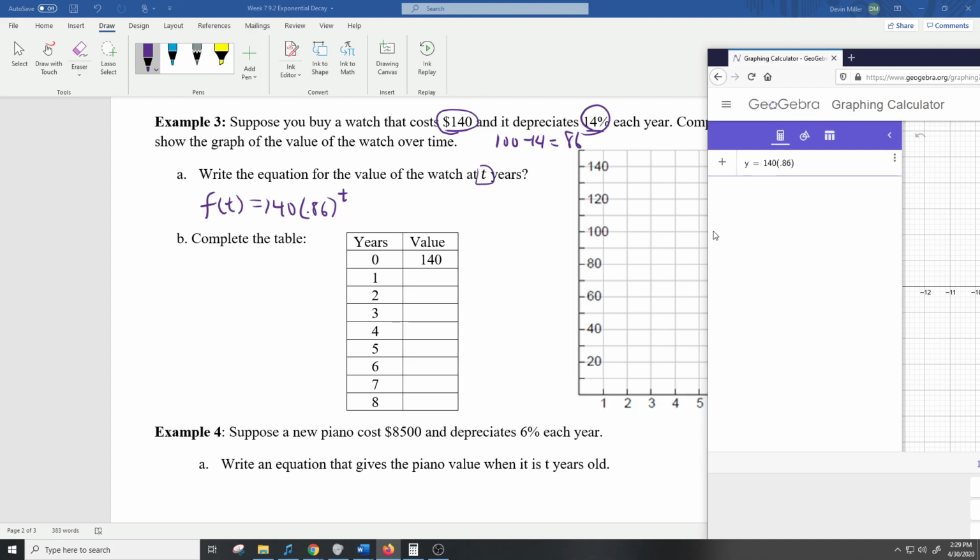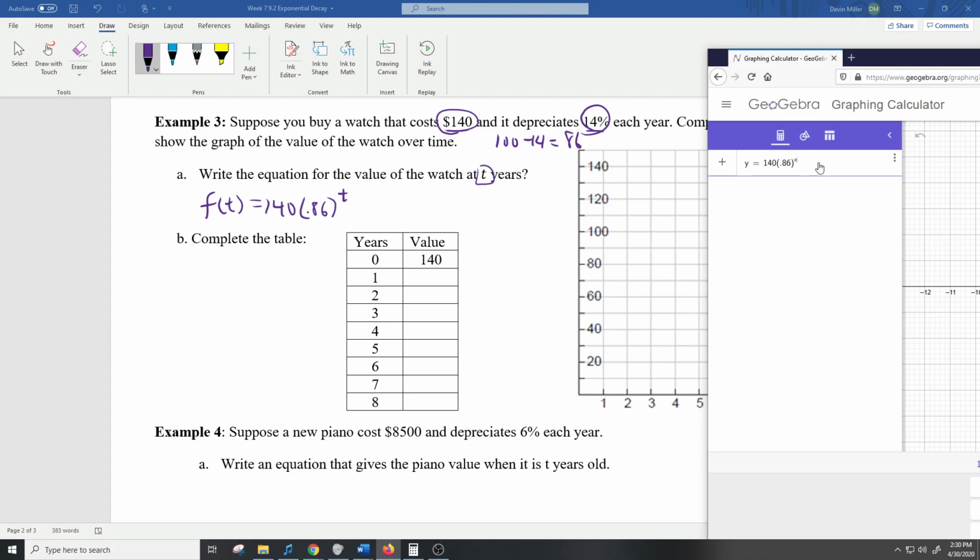Then I have to move my cursor over. It's inside the parentheses, so I have to move it to the outside. And then raise that to the x power. So you have to hit shift and the caret button, which is number 6. Now it looks the same. Looks good.